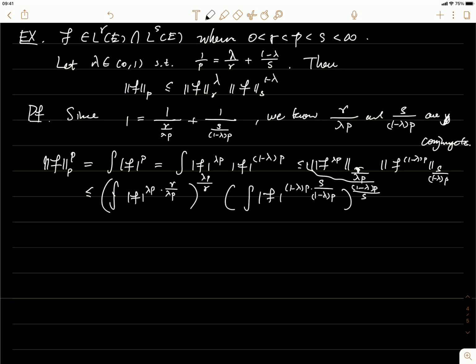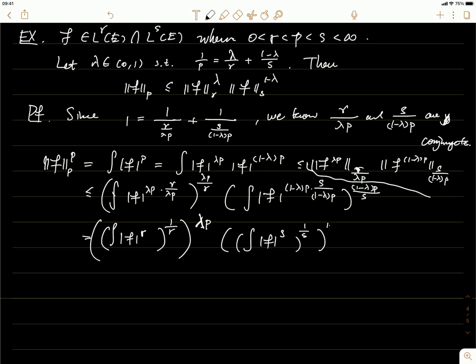Okay, so just separate them, and then you can see that the powers cancel. I have f to the power r, and then we'll have 1 over r, and then we have this whole thing times the power lambda p. Similarly for the second term, this will be just the integral of f to the power s, then to the power 1 over s, then 1 minus lambda to the power p.